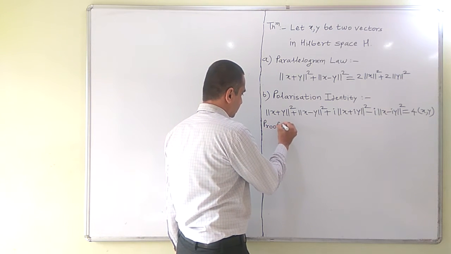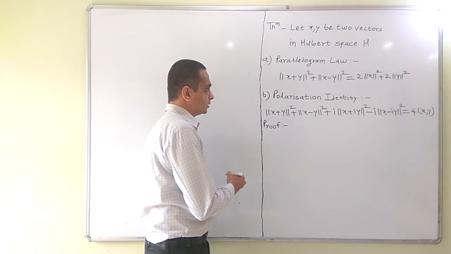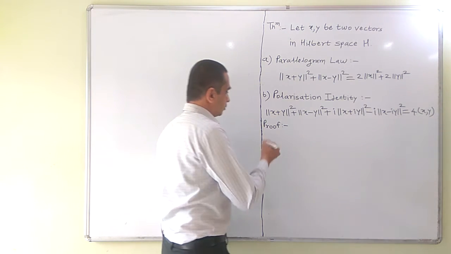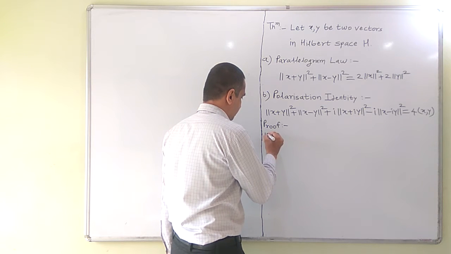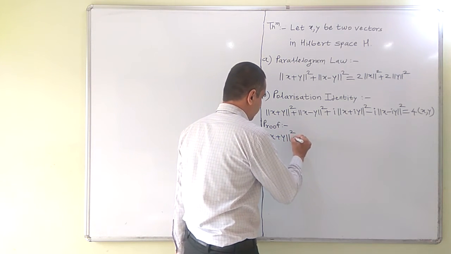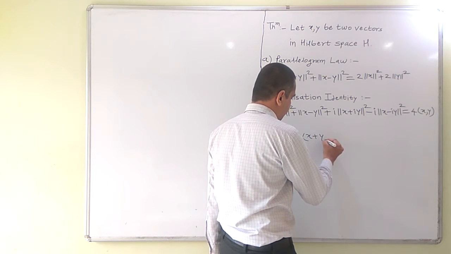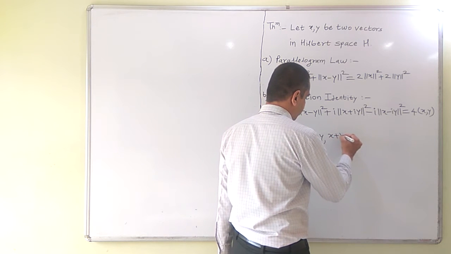So first, let us find what is norm of x plus y square. So norm of x plus y square is inner product of x plus y with itself.